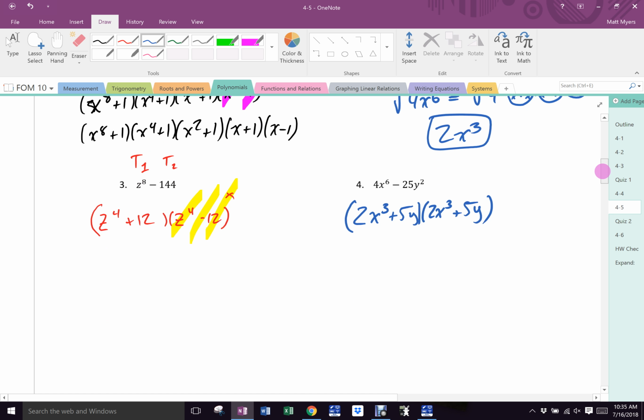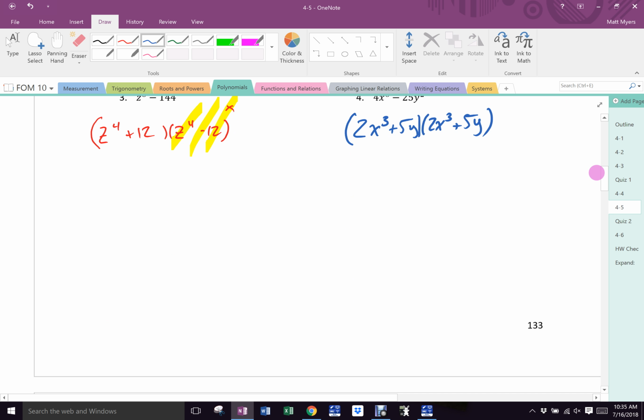Now, you guys are smart people. Would I leave this much white space if it was actually that easy? All right, we're going to do one of these first. 9x to the 4th minus 16y squared.